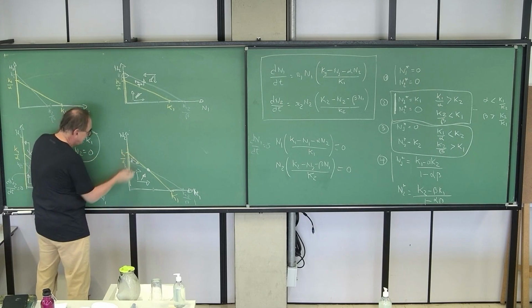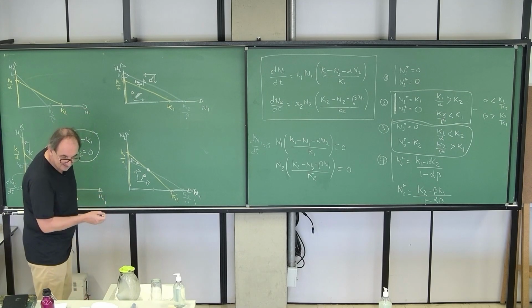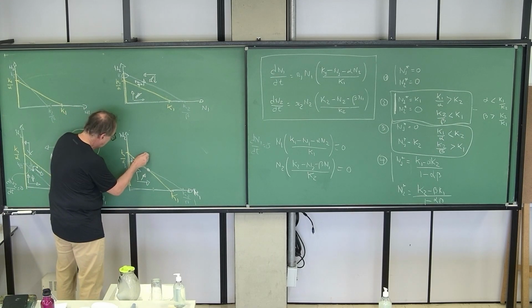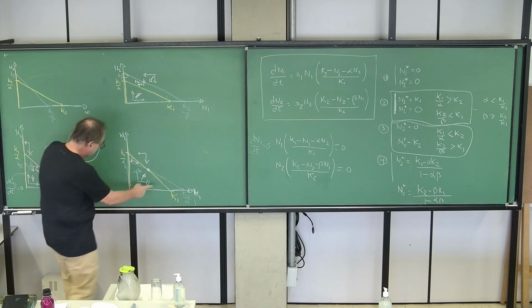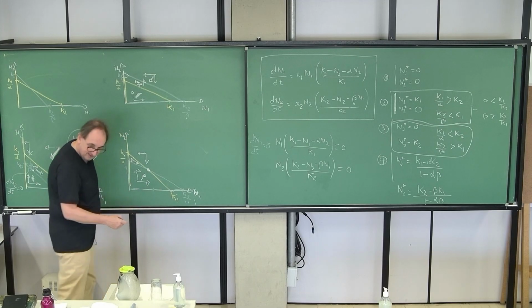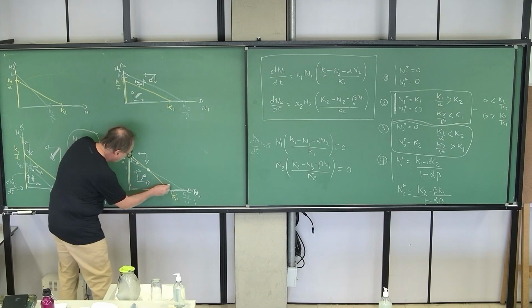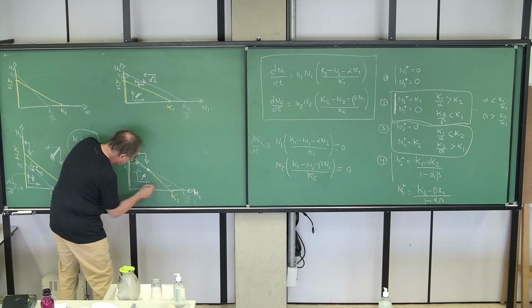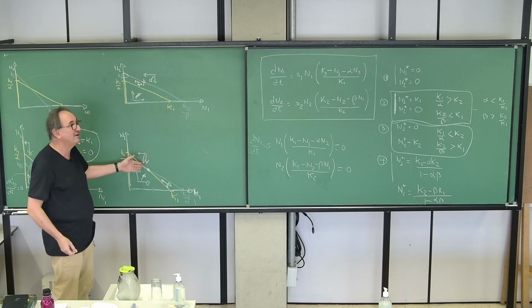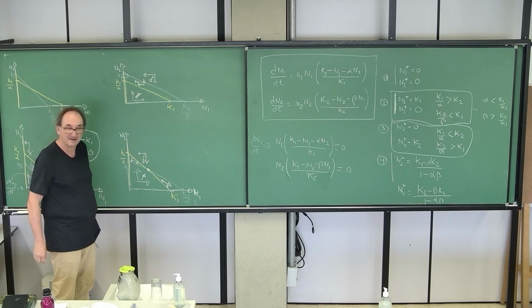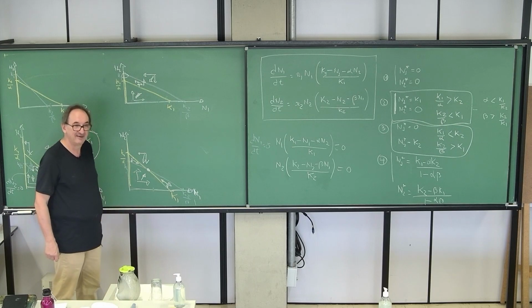And if I cross this one, then the tendency on this part will be, again, this one and this one. And then I have only this one remaining, where you have to reverse this one and not this one. So the tendency is like this. All of them are pointing to the central point. No matter where you start, you will get to the coexistence fixed point.